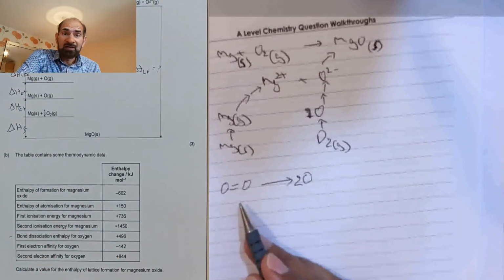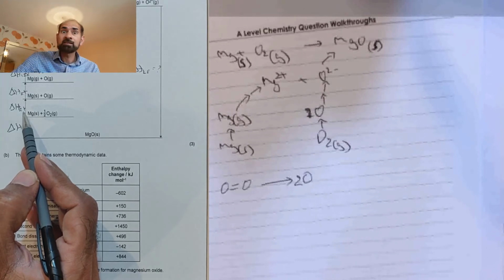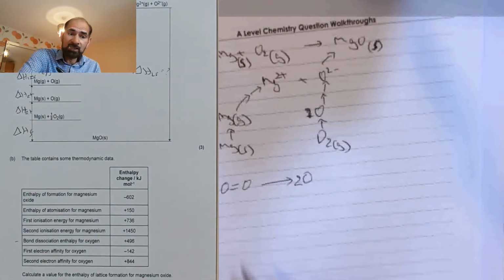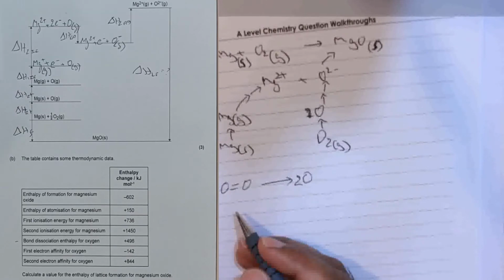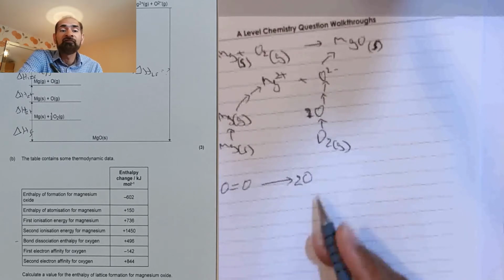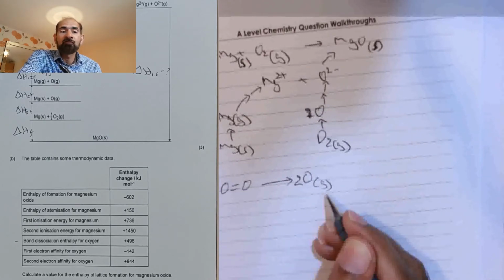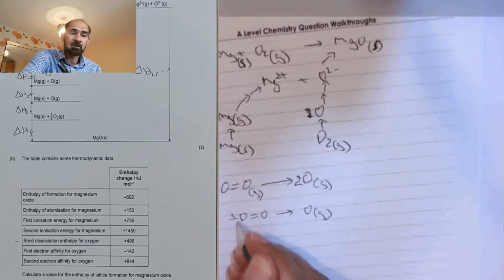So therefore, this here is not bond dissociation. This is atomization, because the definition of atomization is when 1 mole of gaseous atoms is formed from their elements under standard states. In other words, I need to form 1 mole of oxygen atoms, and therefore I need to start with half of that molecule.